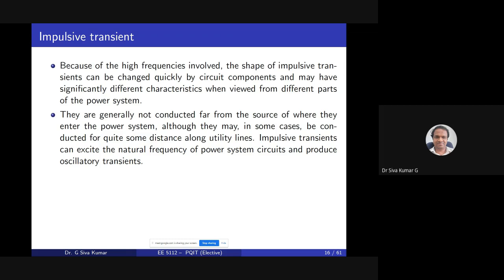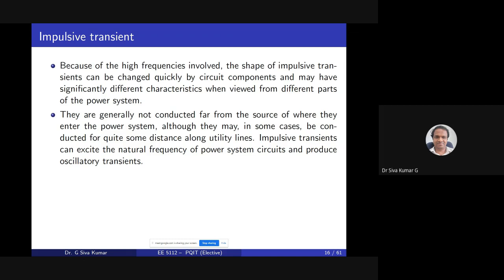The frequency of the impulse transient can be something like 10 times the fundamental frequency, or around 2 kilohertz, and it may resonate with the system frequency.